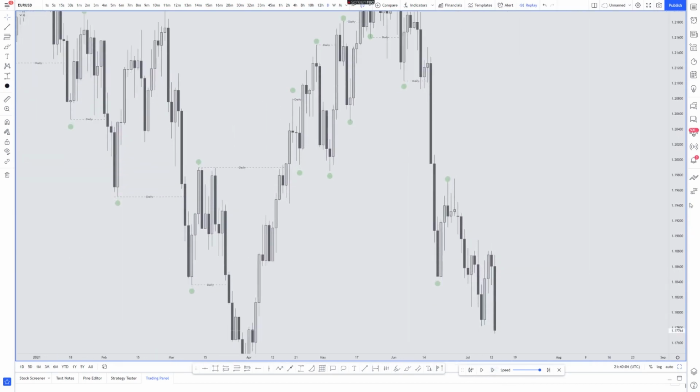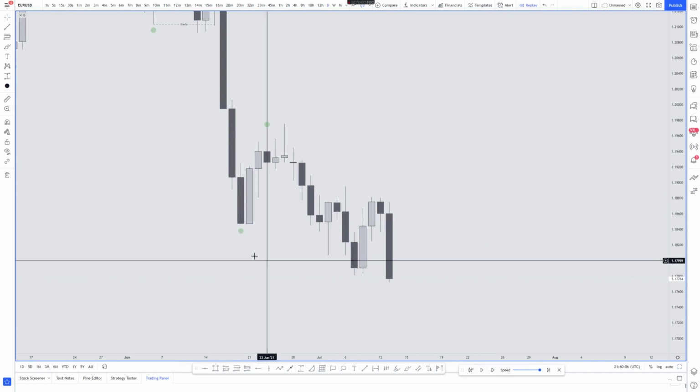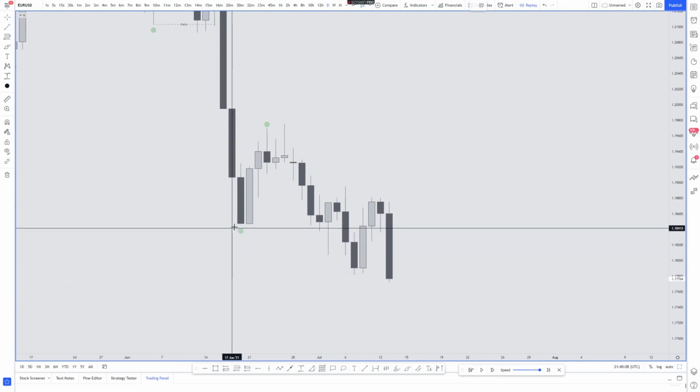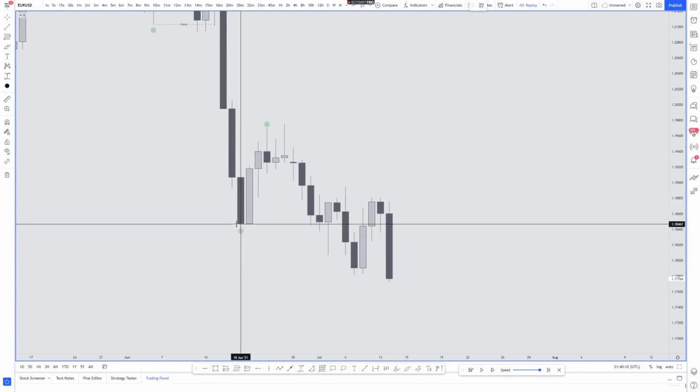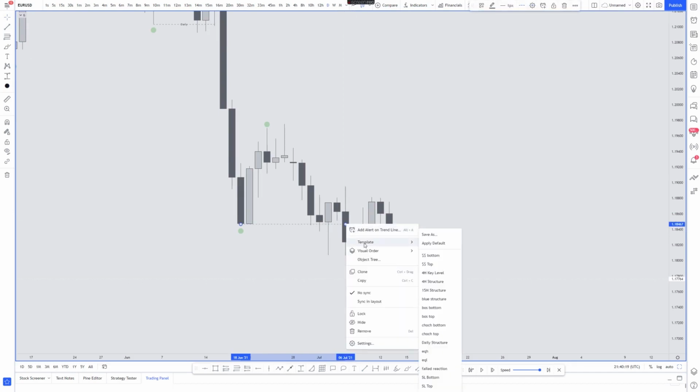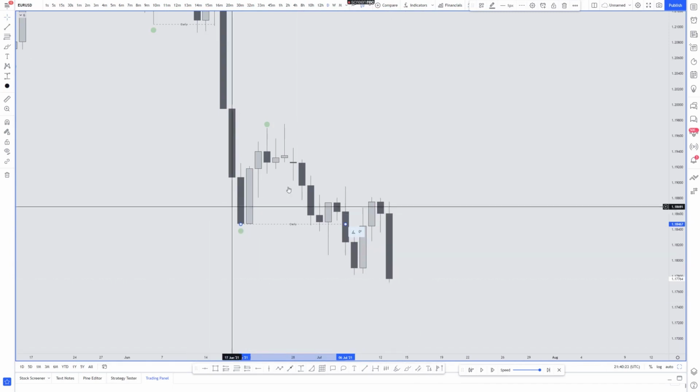So we're going to zoom in a bit here. And ultimately, once again, we have new structure.